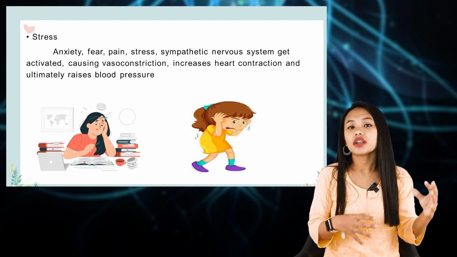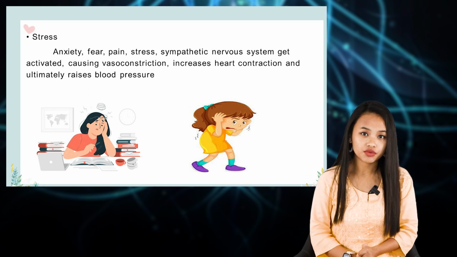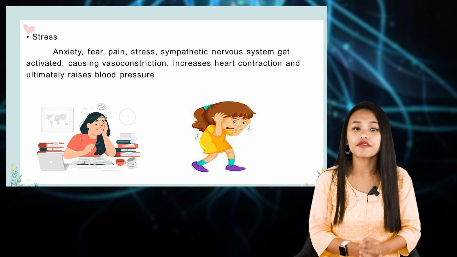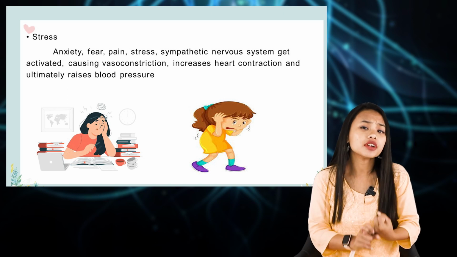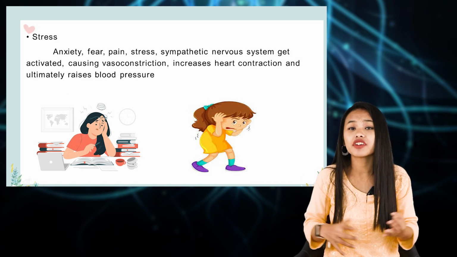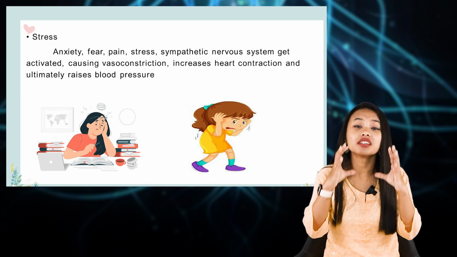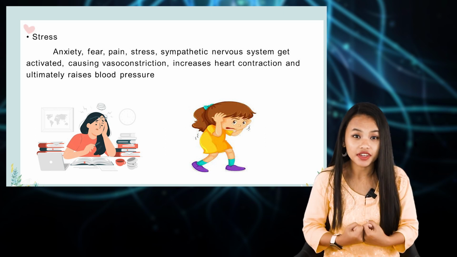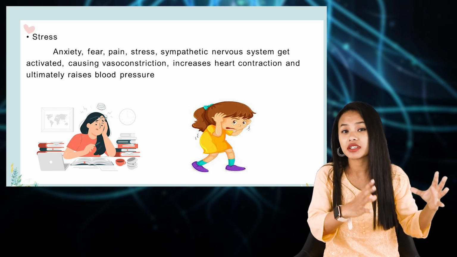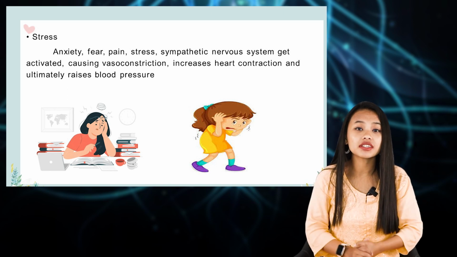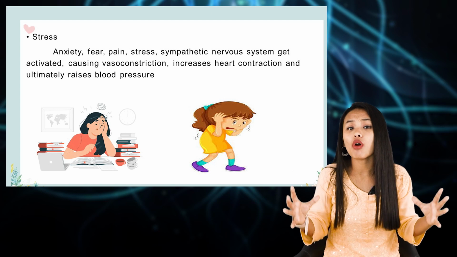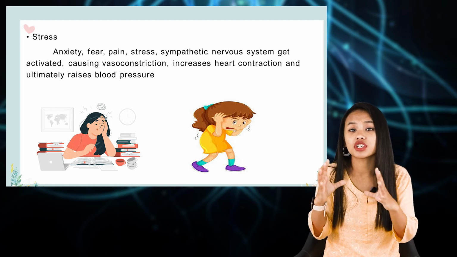The next one here is certain emotions such as stress. So here, if the client is suffering from anxiety, fear, pain, or any stress, what happens is that the sympathetic nervous system gets activated. And when the sympathetic nervous system gets activated, it causes vasoconstriction.